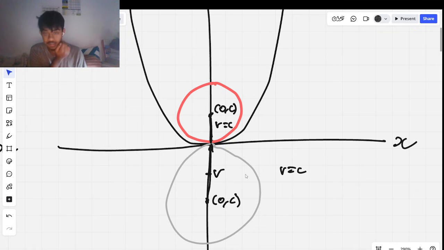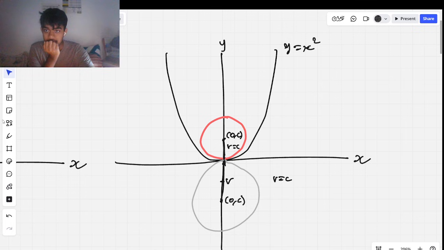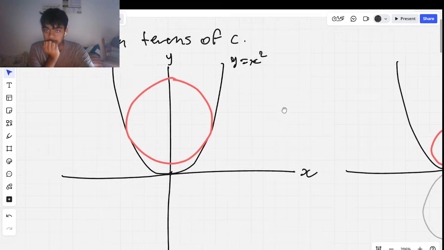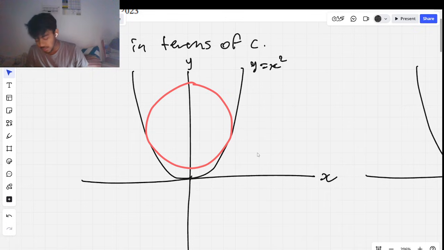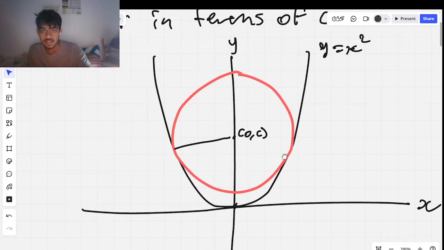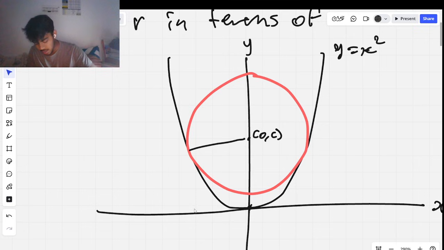Now, the more complicated case is when the circle is tangent to the parabola at two points. So if I denote the center of it (0, c), and then I draw two lines from the center to the parabola, because these are tangents, they make a right angle.